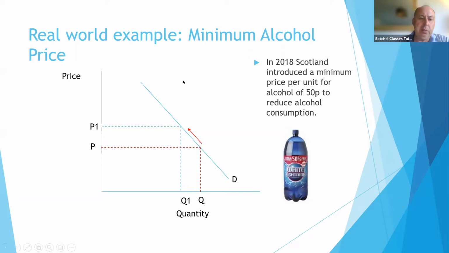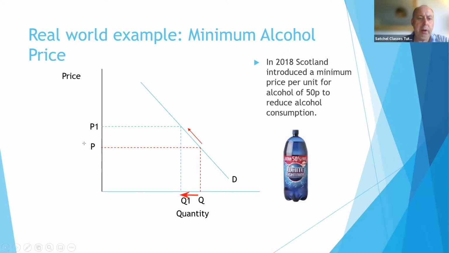And because of that, you are moving the price, and in theory, what should happen is the consumption of those products would shift and go down from Q to Q1.